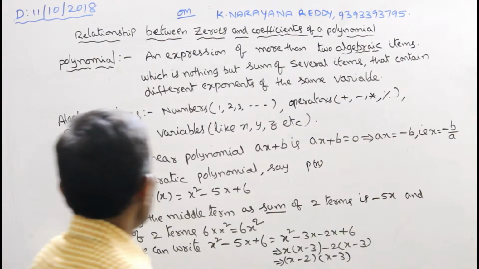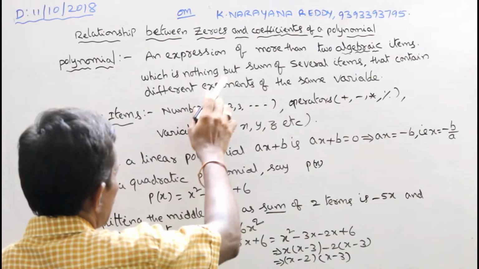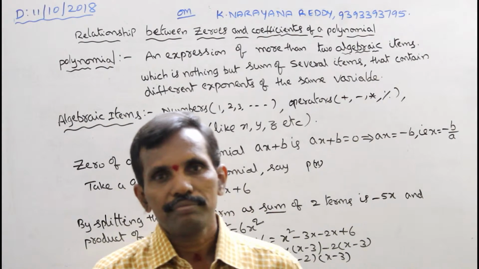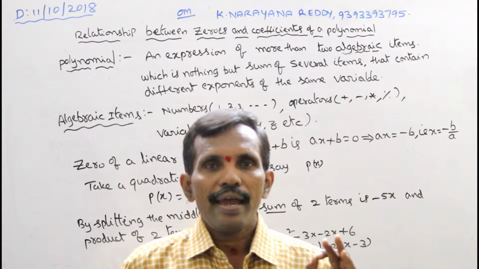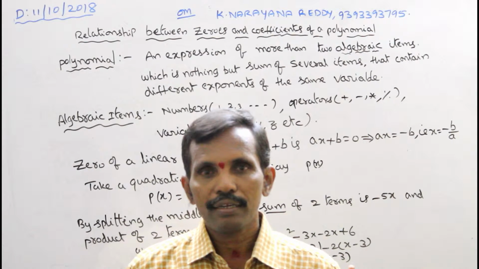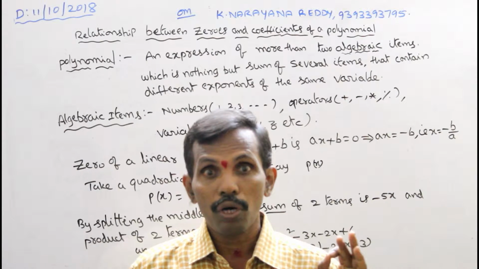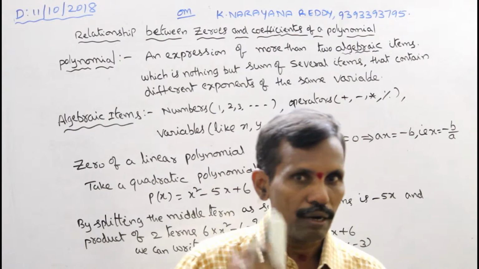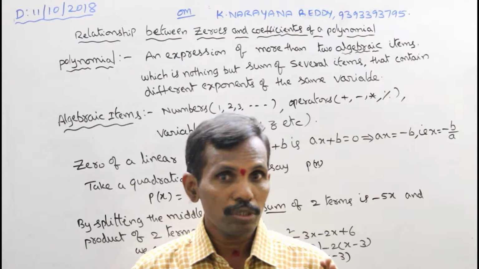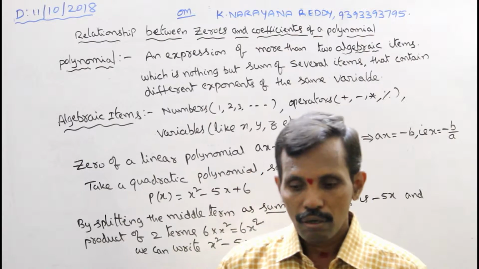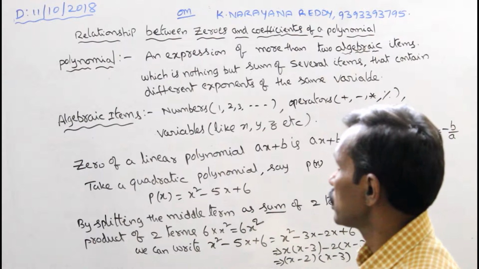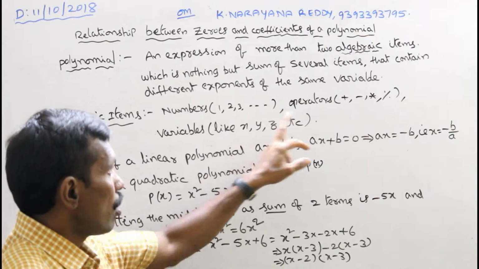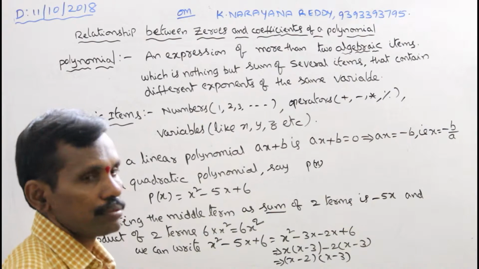See here, an expression containing more than two algebraic items is called a polynomial. What are algebraic items? Algebraic items are nothing but numbers, operators and variables.